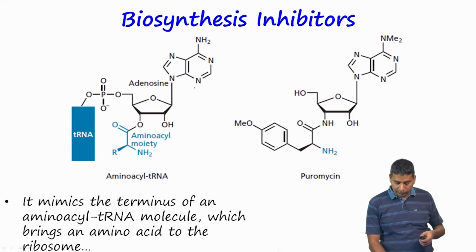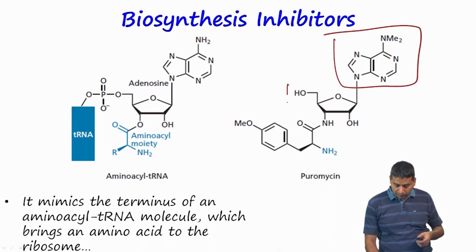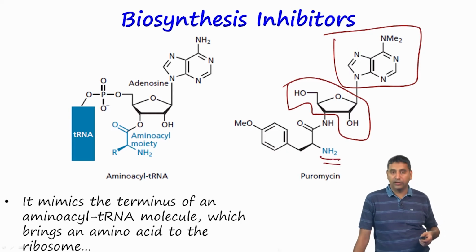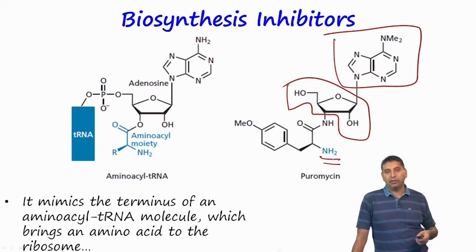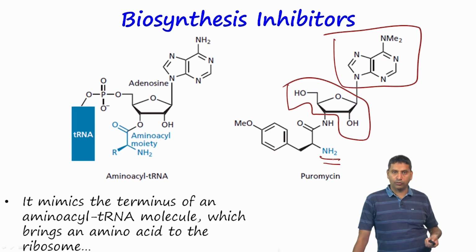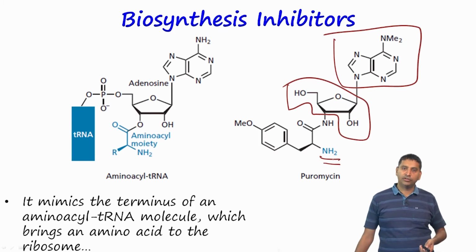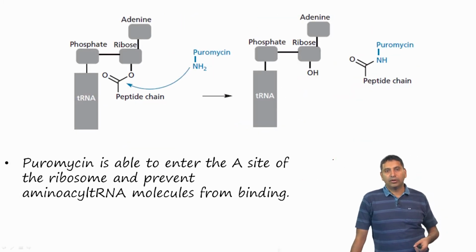You see here the adenosine part remains the same, the sugar part has a very similar structure, and there is an amino acid here, but the amino acid is now bound through an amide instead of an ester. Once it binds to the ribosome, it acts as a way to inhibit the biosynthesis.